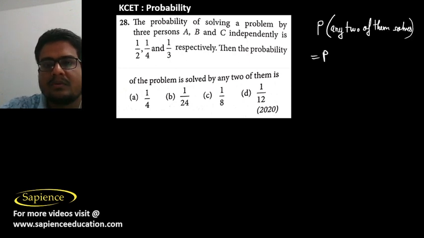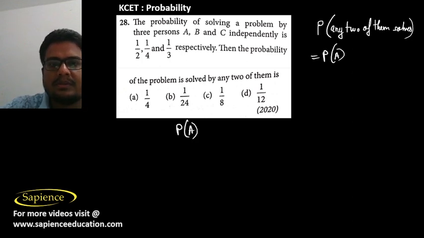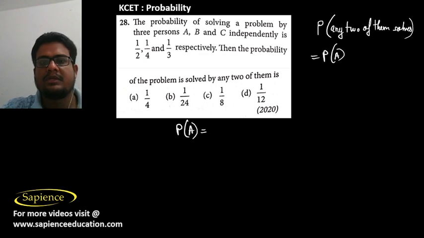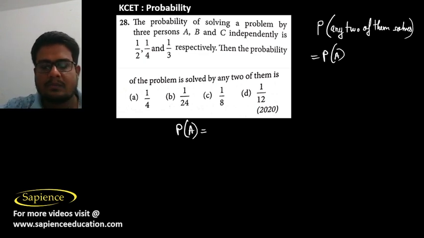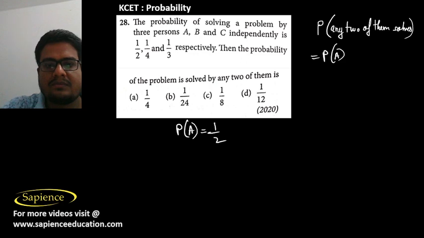So let P of A be the probability of solving by the person A. So that will be half. And P of B is the probability of solving by the person B. So that is 1 by 4.